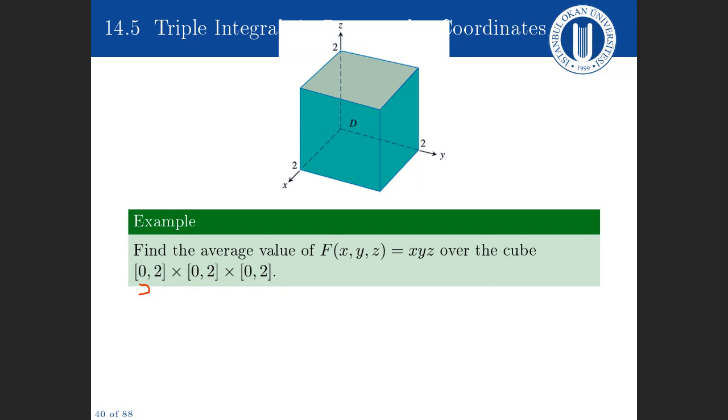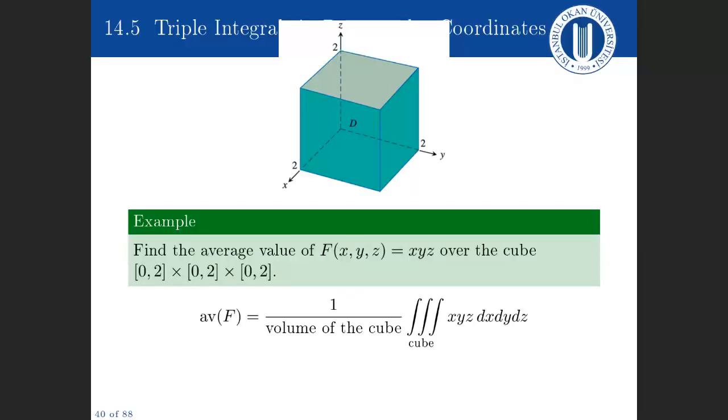The first one is the possible values of x, the second one is the possible values of y, and the third one is the possible values of z. So we have 1 over the volume of a cube multiplied by the triple integral over this cube of xyz, dx, dy, dz.